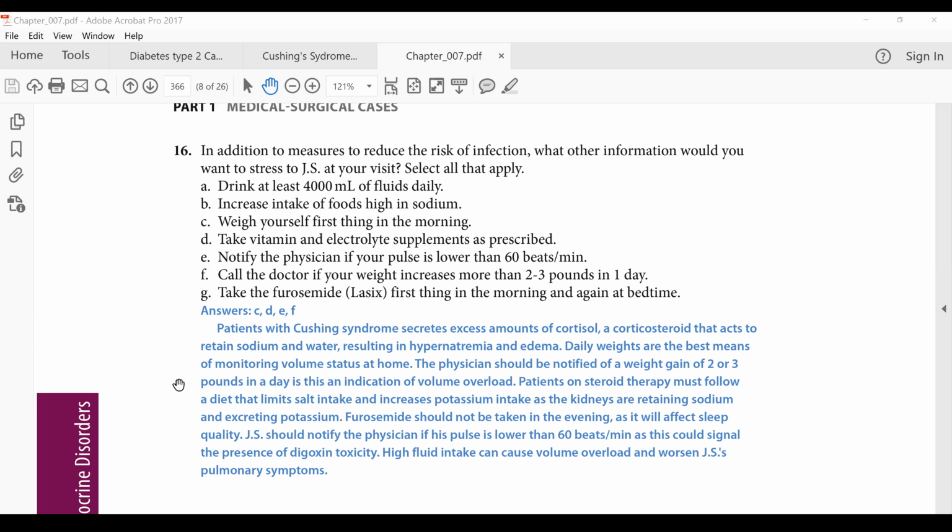Don't stop them abruptly, and make sure they consume enough salt. Wear a medical bracelet. We definitely need a high protein diet. We've already covered that. What if they're going to do aldosterone replacement? What medicine would they get? So instead of going with cortisol, what aldosterone medicine would we give them?